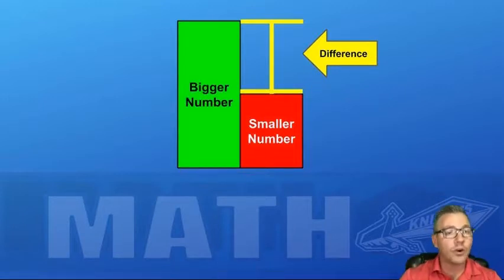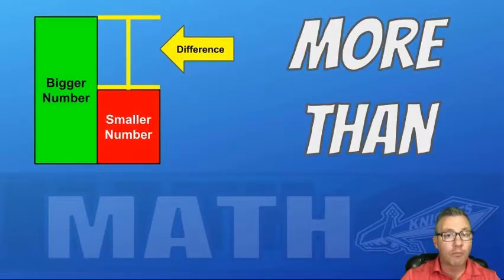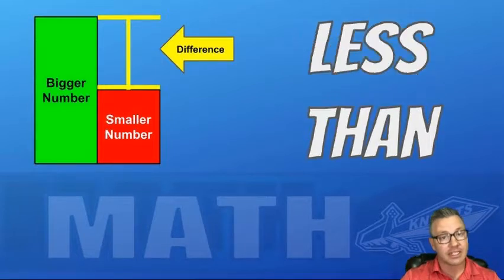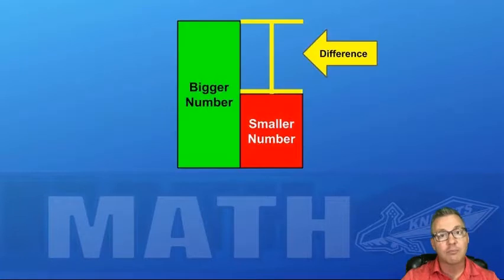There are some key words that go along with comparison problems. For example, more than. More than means that the bigger number is more than the smaller number. Less than. Again, the smaller number is less than the bigger number. Many times these words trick students up because they see more and they want to add.